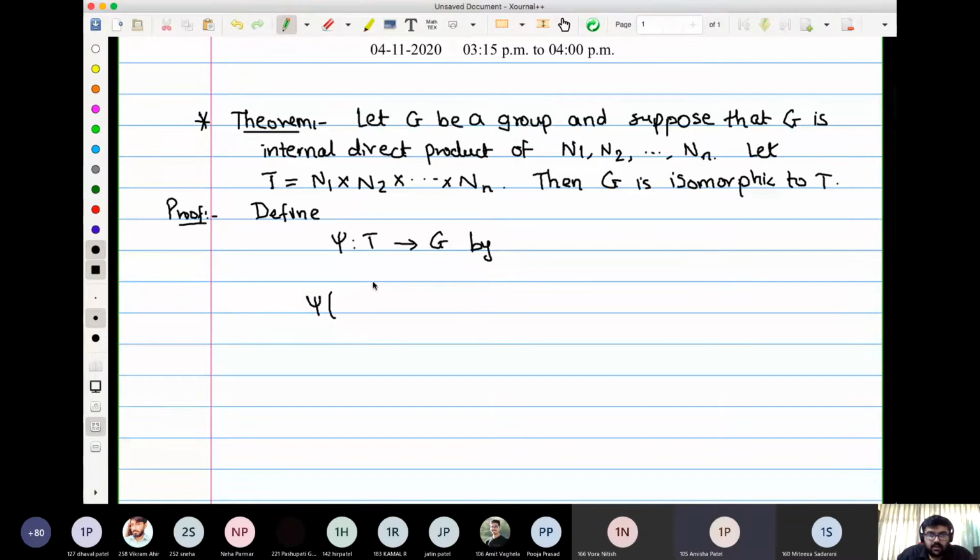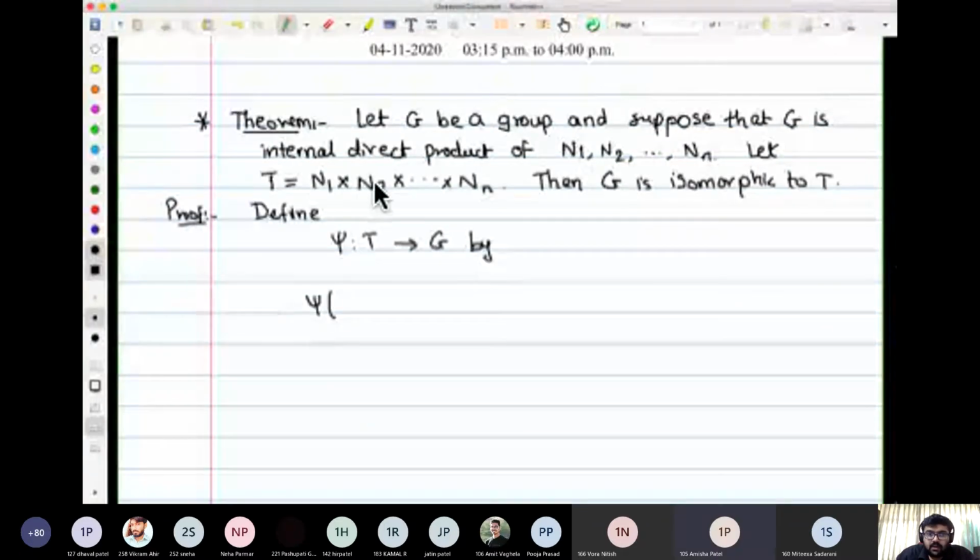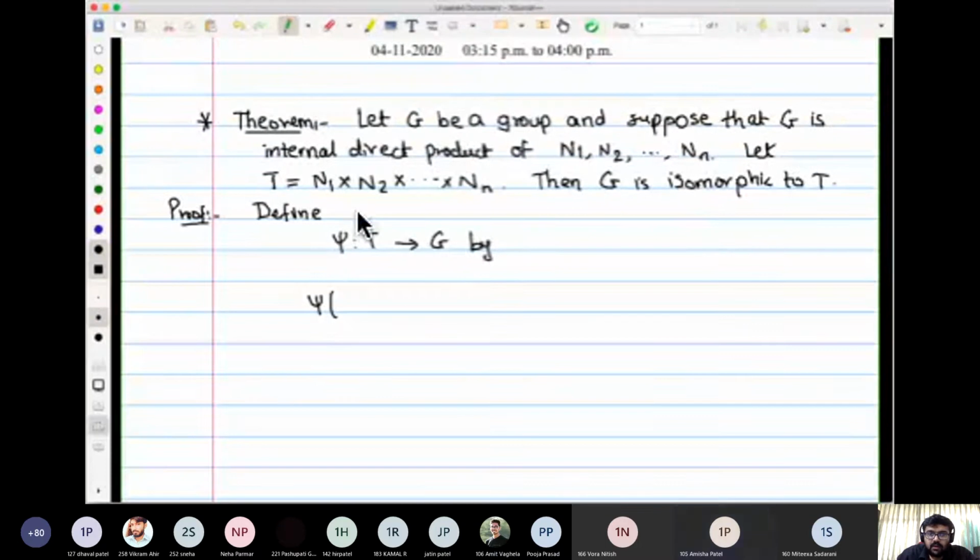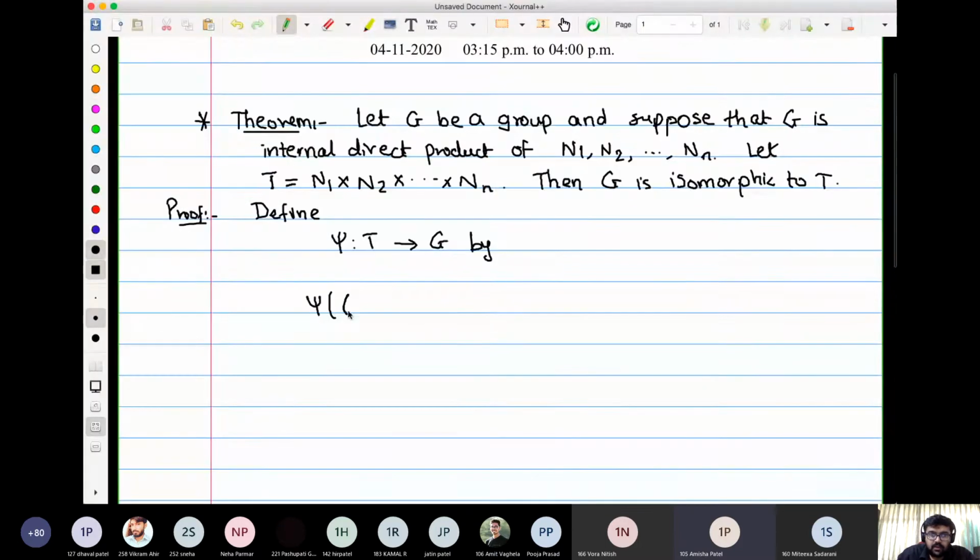From T we take coordinates a1, a2, up to an, where ai is in Ni. That is the definition of G, right? Internal direct product. What is the definition of internal direct product? G is the product of N1, N2, up to Nn.